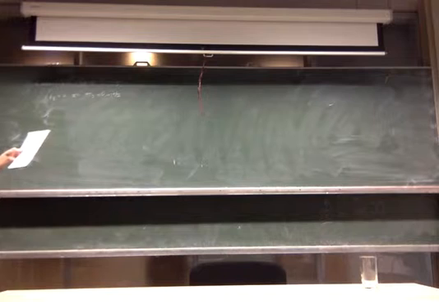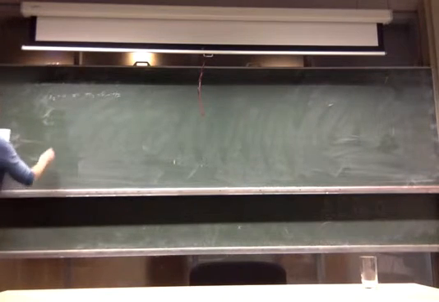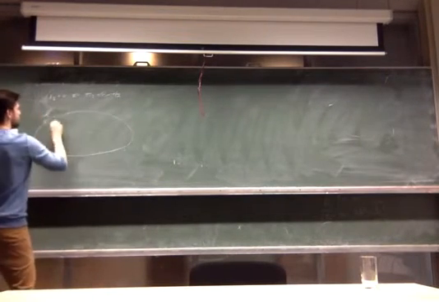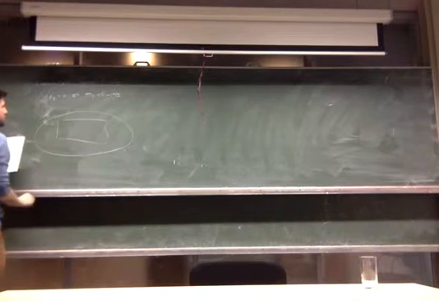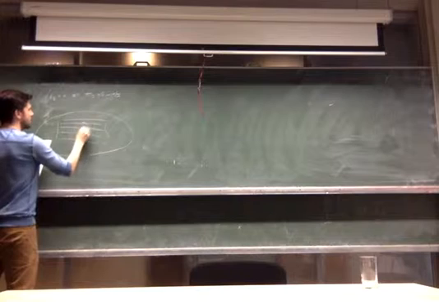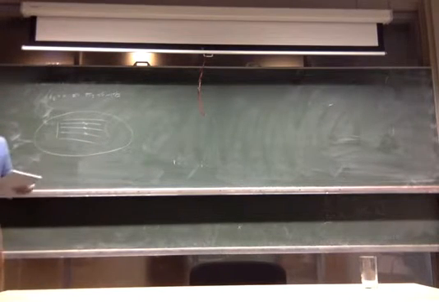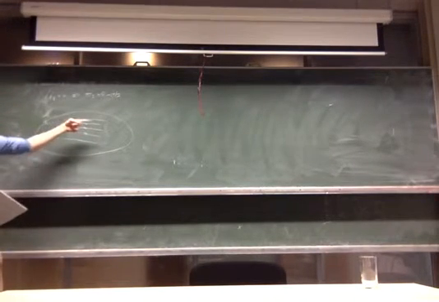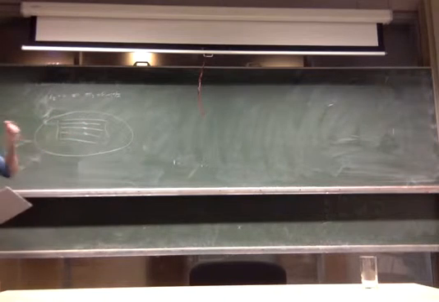You can think of the picture as having some kind of gauge-fixed surface, and you have these orthogonal flow lines, which are called gauge orbits.